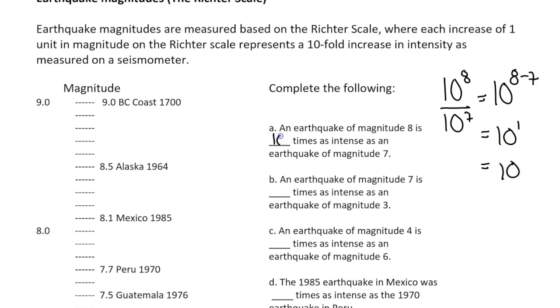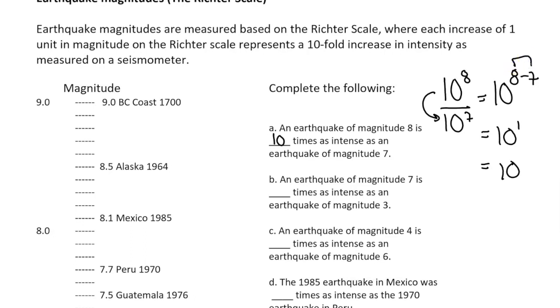So for part A here, we're just going to fill in a 10. And so anytime you have something like this, you could now just write them as powers of 10, where the magnitude is the exponent. Because you're dividing to find out how many more times something is than another, based off of your exponential rules, if you're dividing with the same base, you can just subtract the exponents.